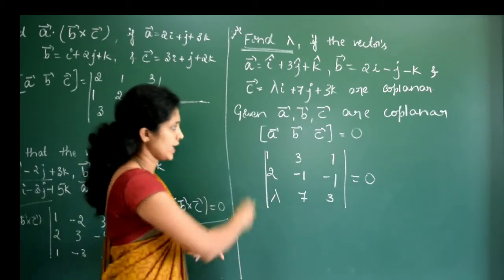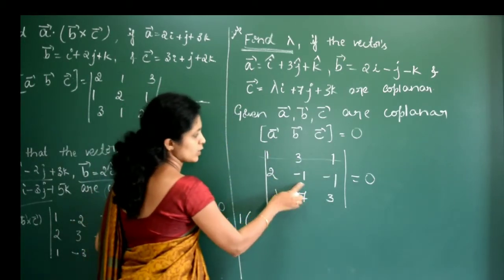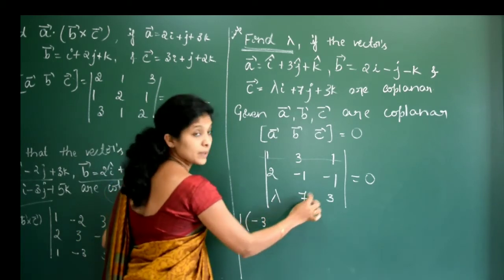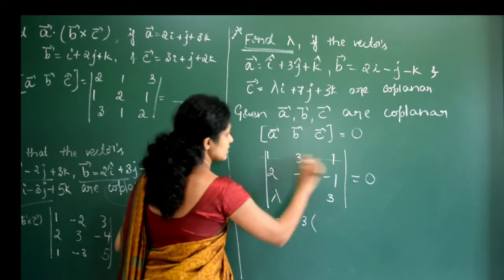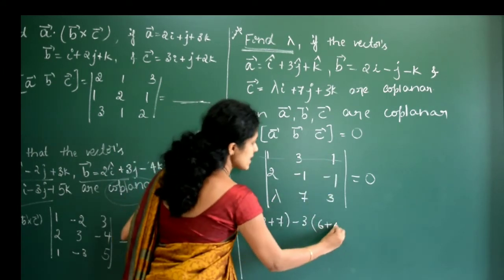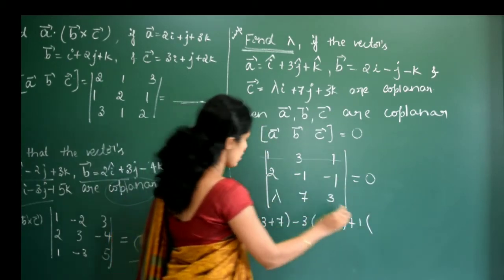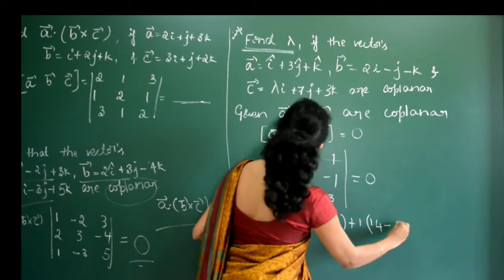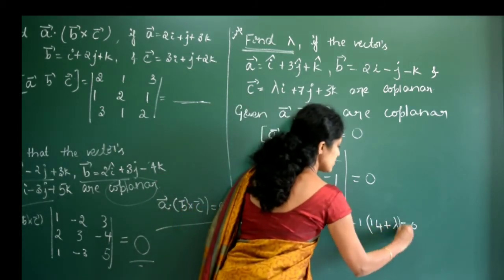Now we need to expand this. Let us expand. Delete first row and first column. So this is now minus 3 plus 7, right? Minus 3 into, delete this and this, so 3 into 2 will be 6, minus into minus will be plus lambda, plus 1 into, delete this, so 7 into 2 is 14, minus into minus will be plus lambda, is equal to 0. Simple it is.